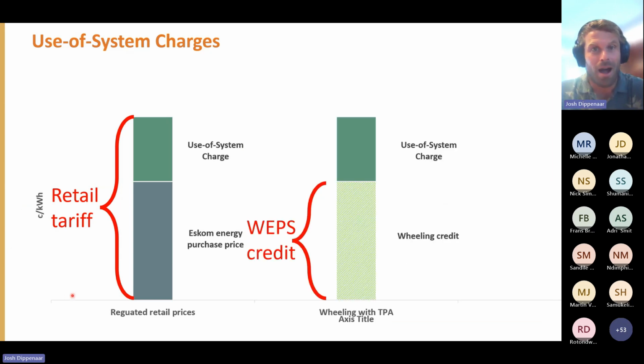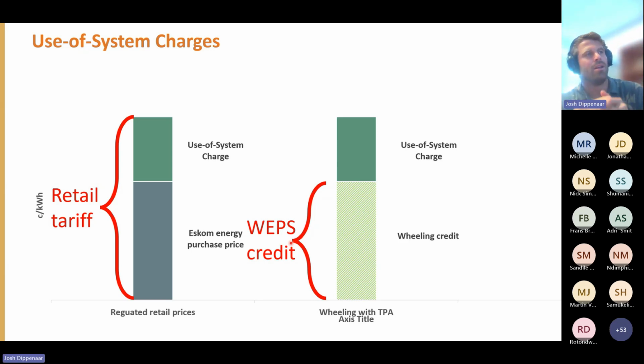So now, after wheeling, this is on the right-hand side here. The way Eskom does it is they provide what's called a WEPS credit. WEPS stands for Wholesale Energy Pricing Structure. And it's essentially Megaflex without the losses. So Megaflex is the WEPS price plus your transmission losses.